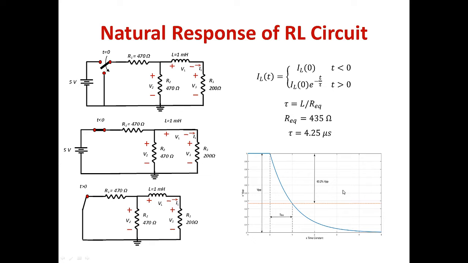In my simulation, I will use about 10 times bigger than that, so the pulse width is going to be around 50 micro, and that will guarantee that the current will reach 0 as t approaches infinity. So let's go to PSPICE Orcad and simulate this circuit.